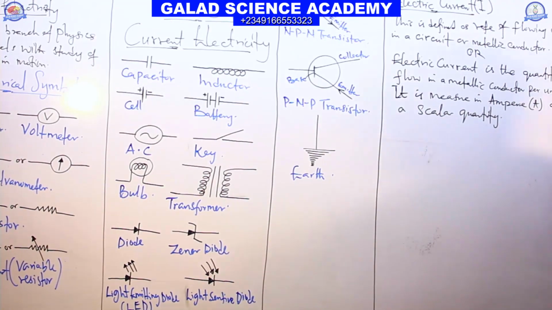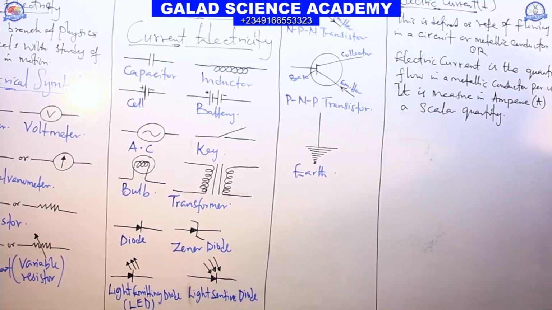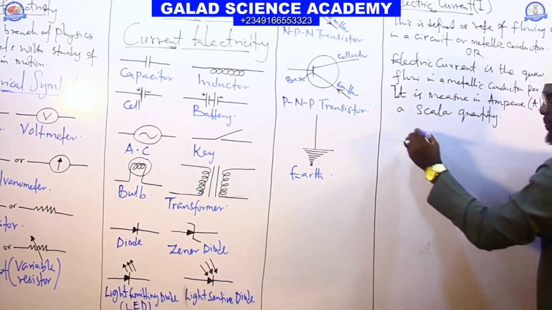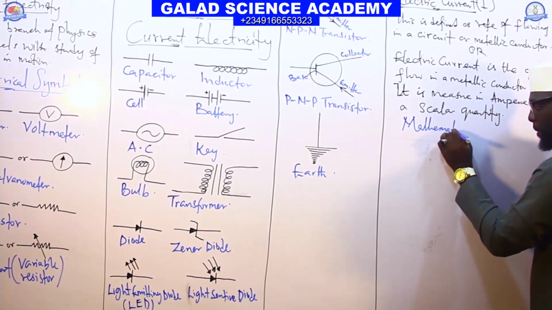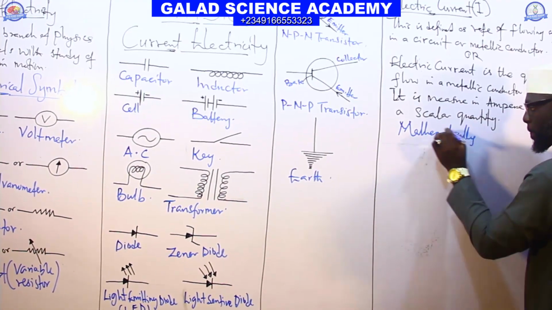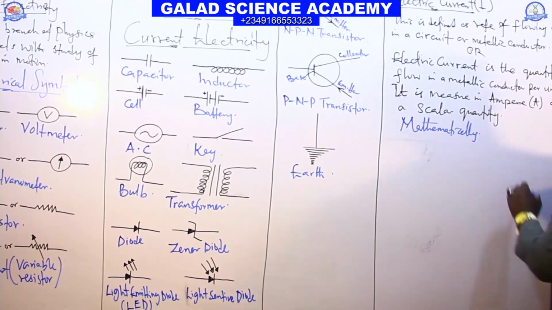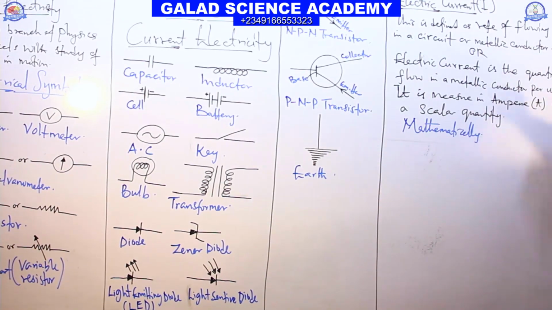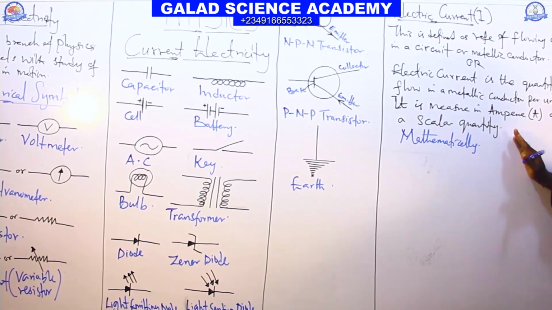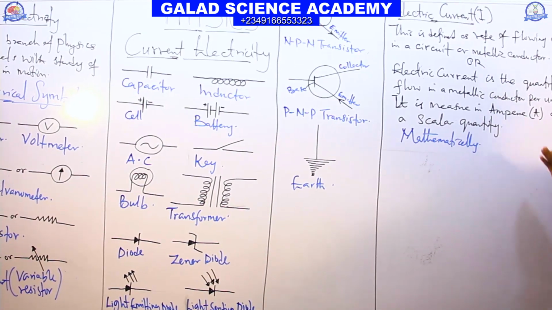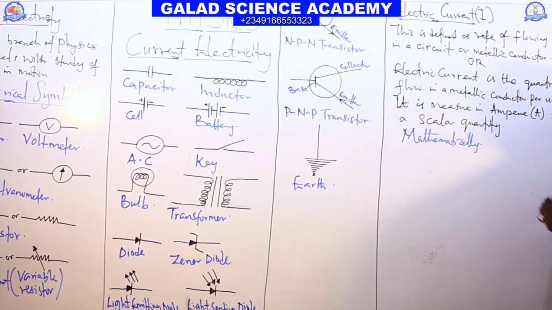Current is a scalar quantity. So mathematically, what will be the current from this expression?